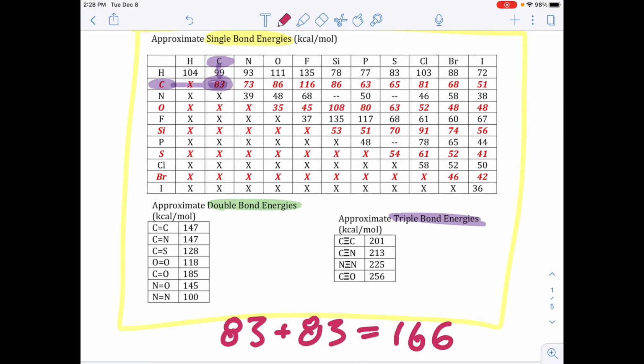Well, if I have a carbon-carbon double bond, notice these numbers are not the same. A carbon-carbon triple bond, 83 plus 83 plus 83 would be 249. The point is a double bond is different than 2 single bonds added together. That's a very important note.